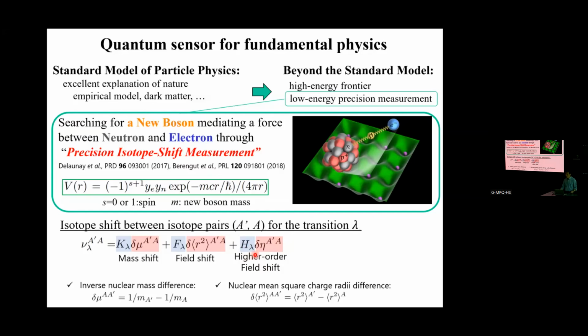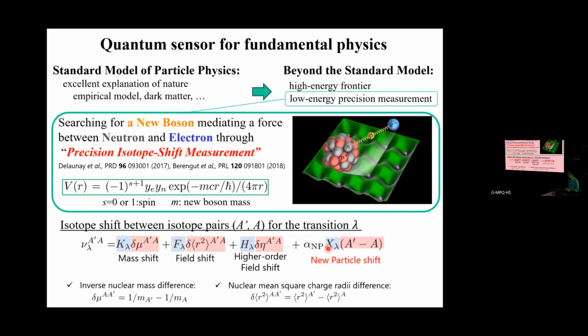If there is a new boson mediating a force between neutron and electron, we have one more term, a new particle shift, which is proportional to the mass number difference, or in other words, the neutron number difference. So in principle, the isotope shift data include the possible contribution from the new particle.